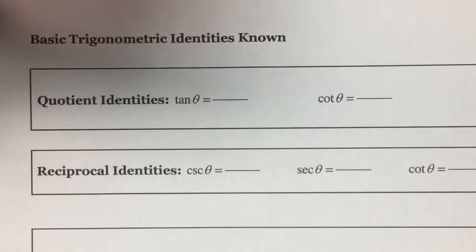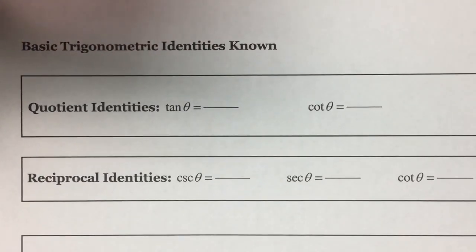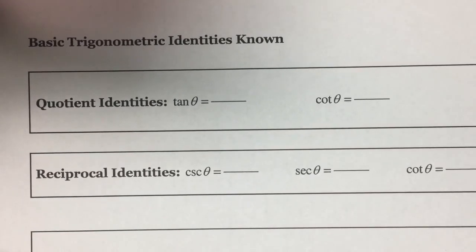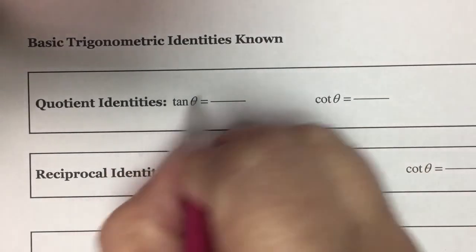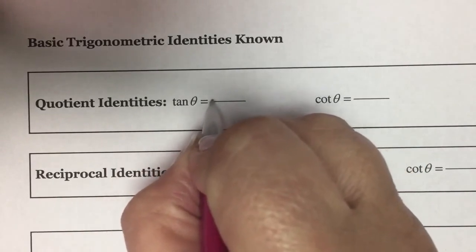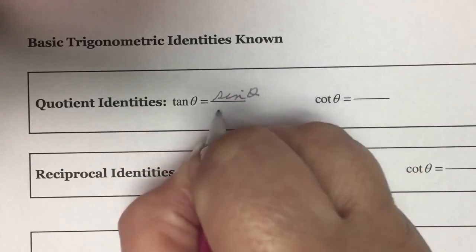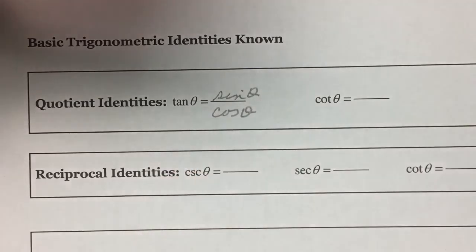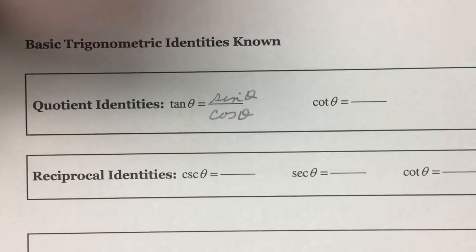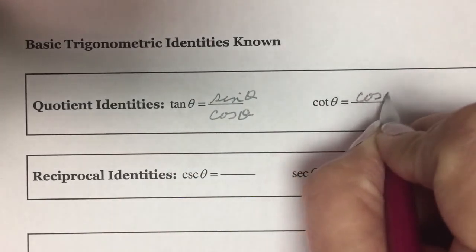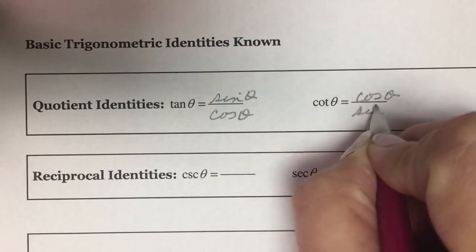Before we go ahead and solve or prove identities, let's review the identities that we have so far. The basic trig identities, the quotient identities: tangent theta equals sine theta over cosine theta, and cotangent theta is equal to cosine theta over sine theta.